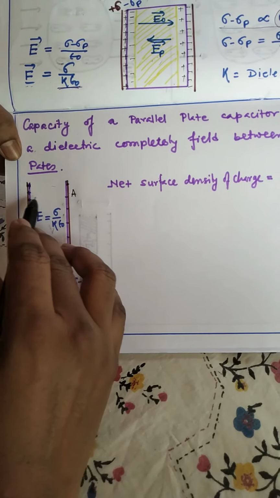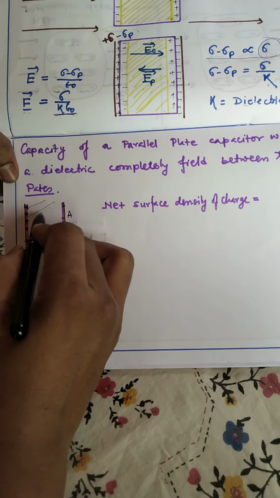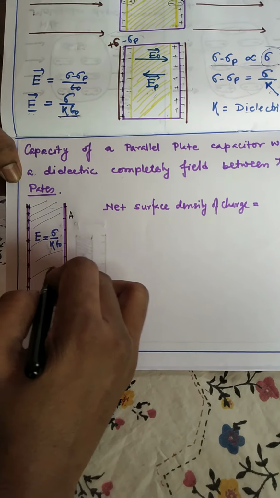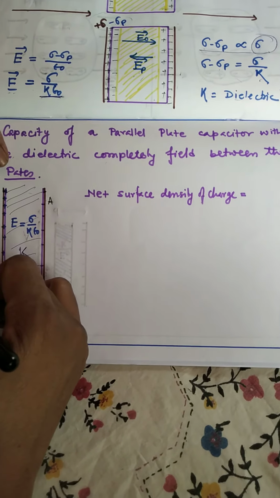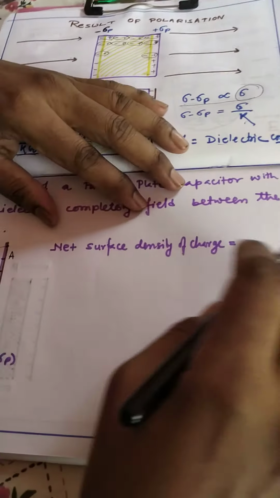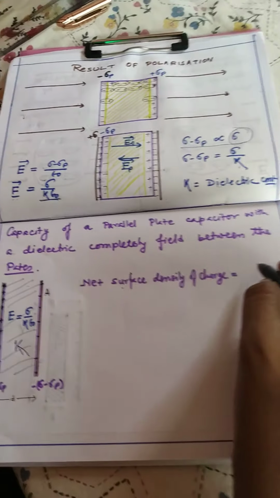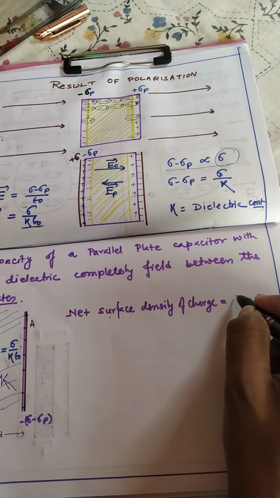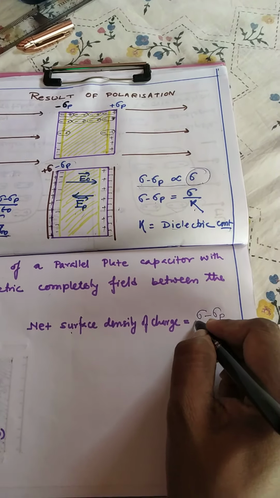Let us consider a parallel plate capacitor with negative and positive charge, and a dielectric completely filling the space between the plates. Its dielectric constant is K. Now see the net surface density of charge. Let us write this: sigma minus sigma p, the surface density of charge, equal to sigma by k.